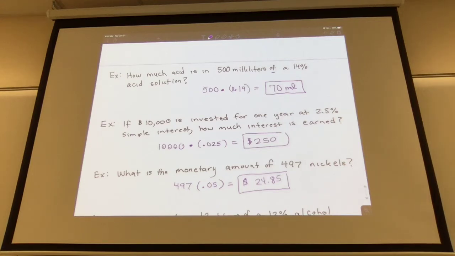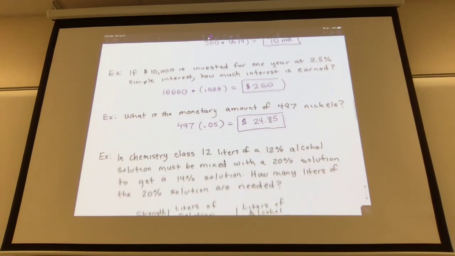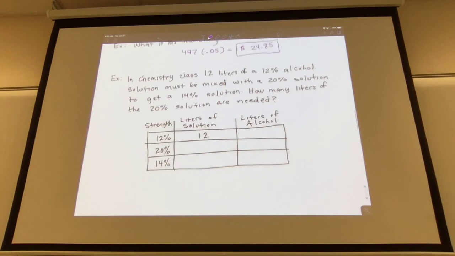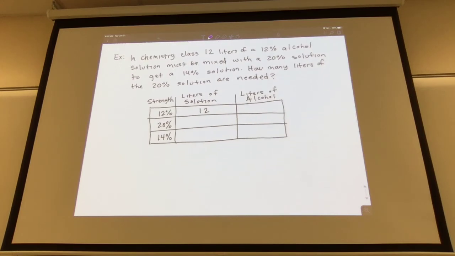So some of these are pretty basic, some of them are not so much, but in a minute we're going to get to the more challenging ones, which I believe is this next problem. So pushing through the real simple ones, now we look at one like this, and this is a mixture problem. It says in chemistry, 12 liters of a 12% alcohol solution is mixed with a 20% solution to get this 14% one.